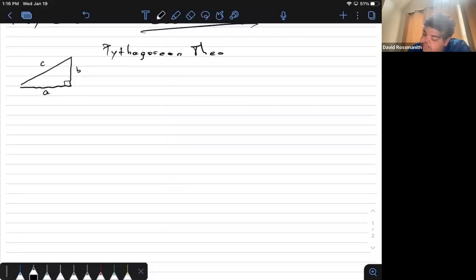What it says is that if you happen to know the length of the two smaller sides of a triangle, which in this case would be side A and side B, then you could calculate the missing side, the longest side, side C, from a certain formula. It goes like this: A squared plus B squared equals C squared.